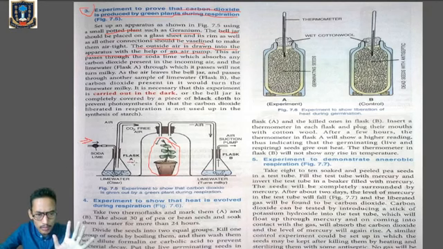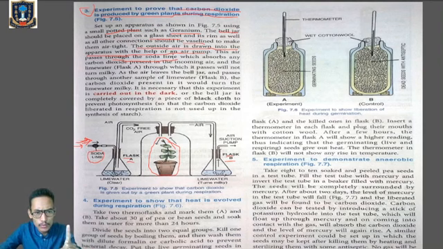You can see over here we have two flasks, A and B. Over here you can see the presence of soda lime, the place from where we are introducing the air into flask A. This air will pass through the soda lime, and the soda lime will absorb the carbon dioxide.